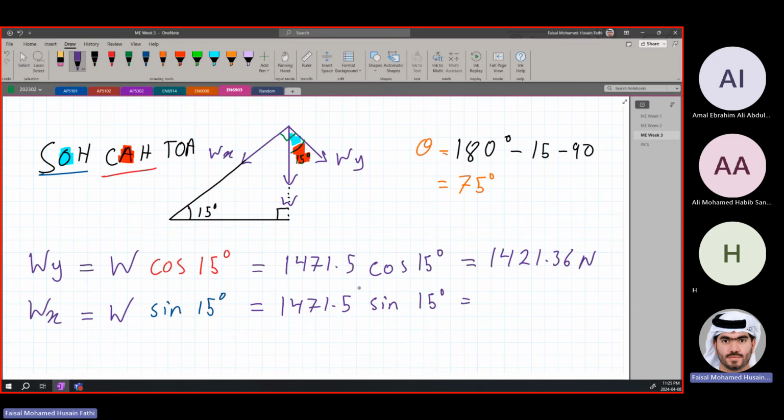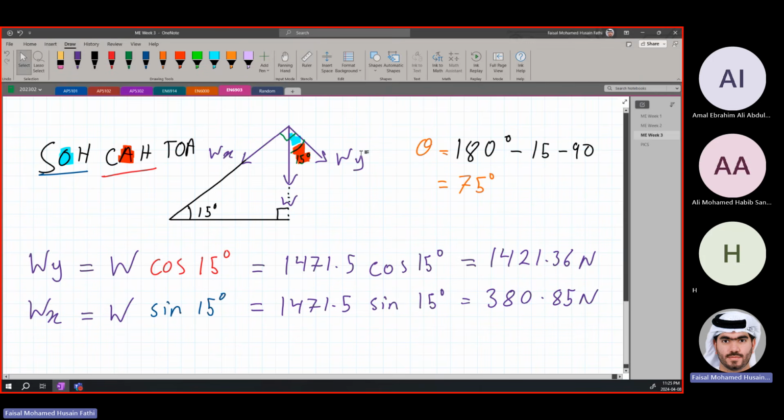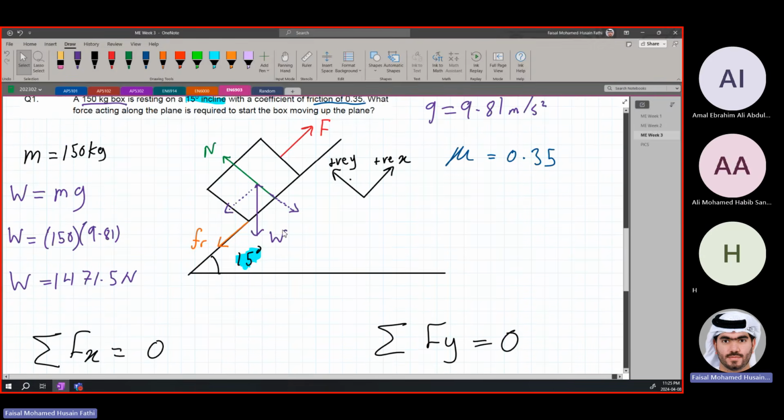And the second one, sine 15, is 380.85 newtons. Okay? So we found our Wx and Wy, which are the components we need.